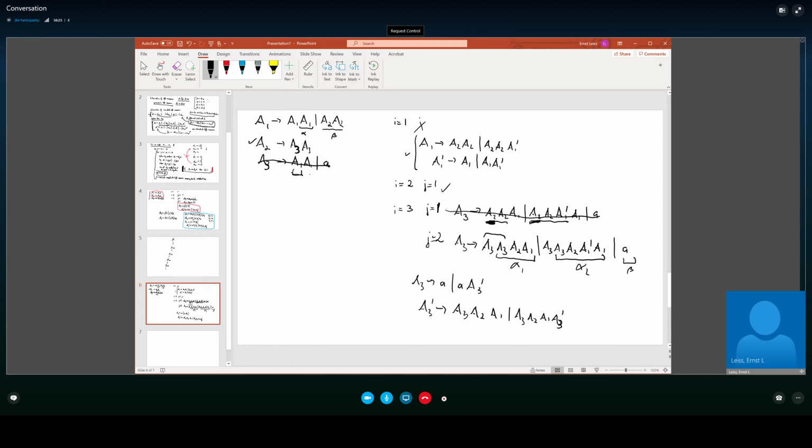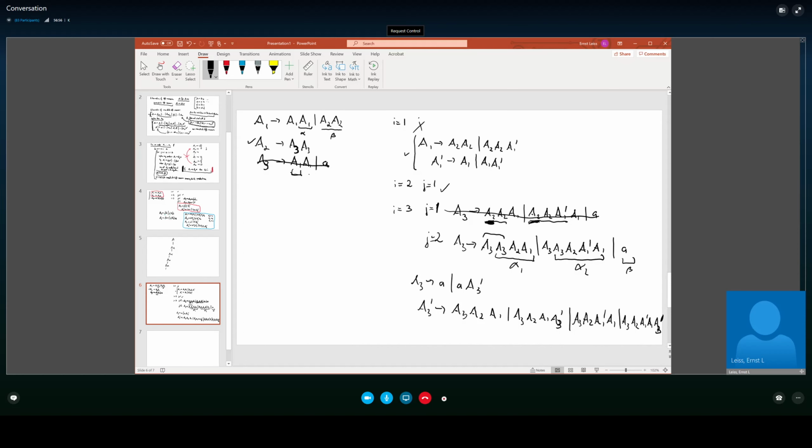So that is that alpha 1. And then we do the alpha 2, which is A3, A2, A1 prime, A1, or the whole thing with the A3 prime follow.